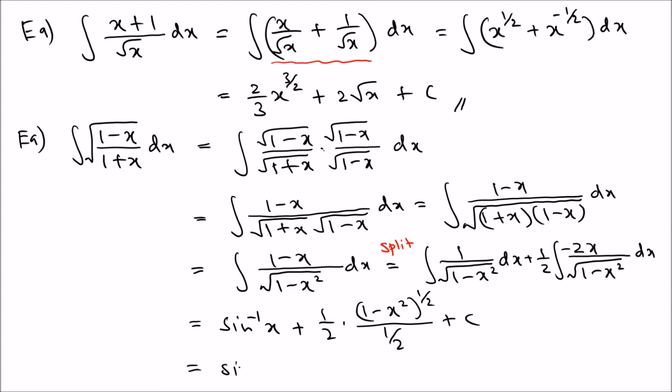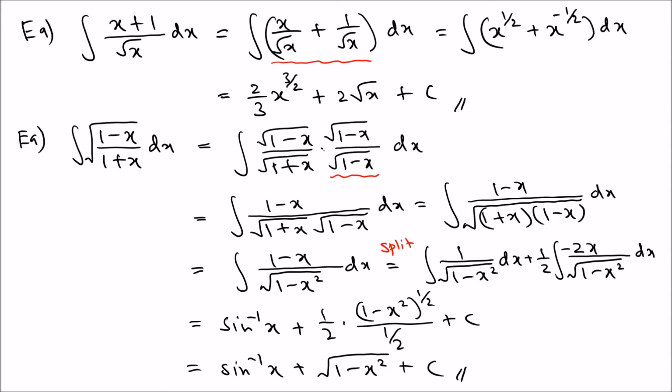So you get sine inverse x plus the square root of 1 minus x squared plus c. Okay, so that's how, with all these steps. I didn't ignore any steps here. So now you can see how it works. It's not that difficult. The major step was multiplying by the conjugate.